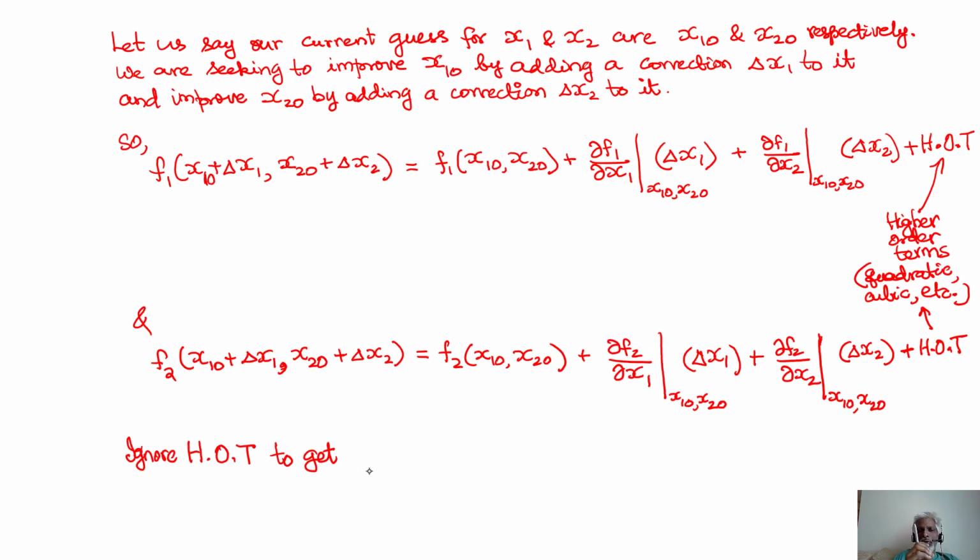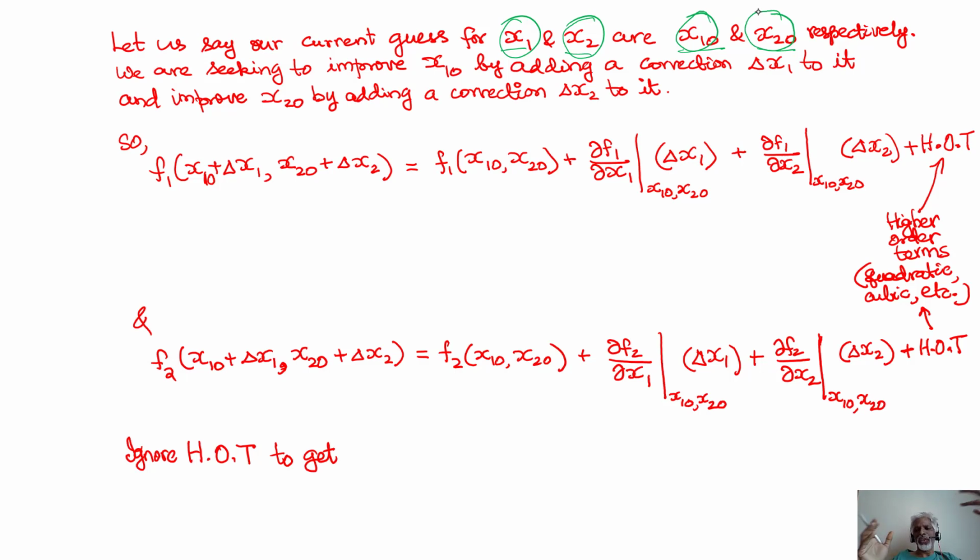Now, in close parallel with what we learned for one nonlinear algebraic equation and one unknown, we are going to say here that for the unknowns x1 and x2, we have the guess values. Current guess values are x1 0 and x2 0 respectively. For x1, the guess is x1 0. For x2, the guess or the current value of x is x2 0.